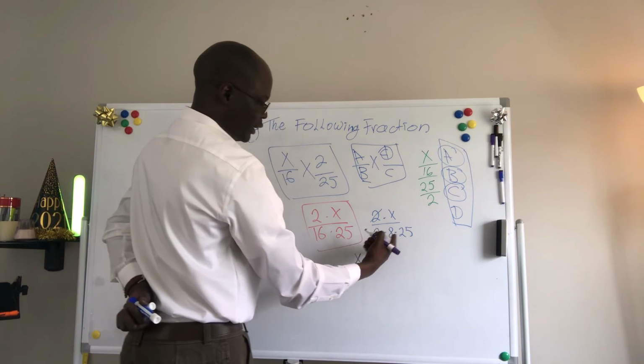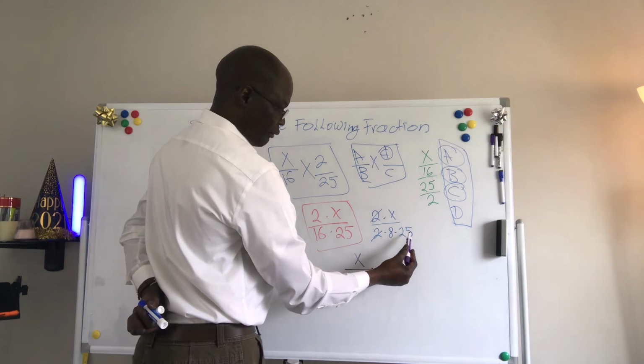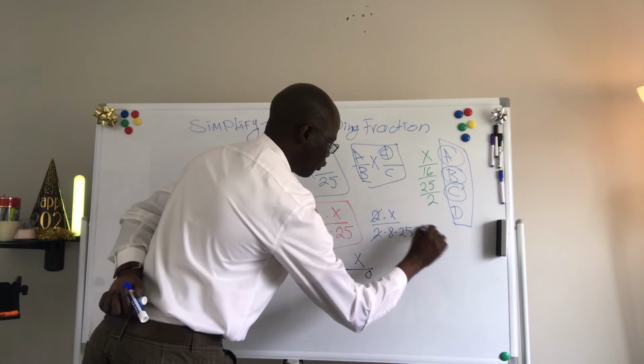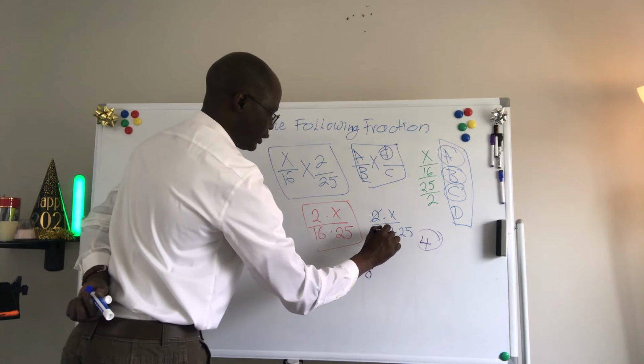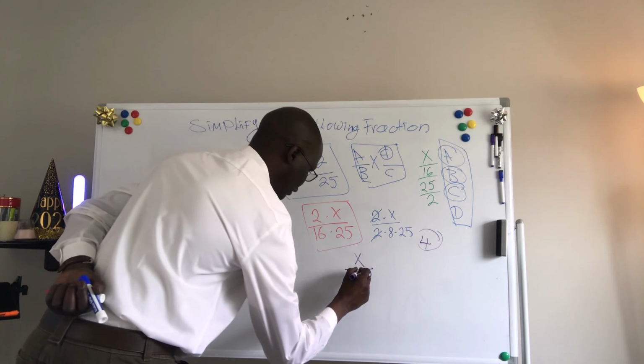So 8 times 25 is what? We have 8 times 5 is 40, so 0, and then we carry 4. 8 times 2 is 16, plus 4 is 20.